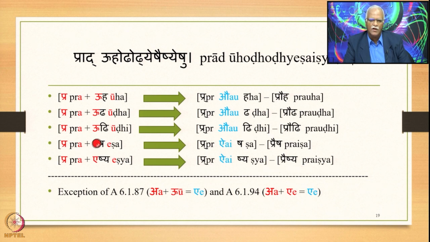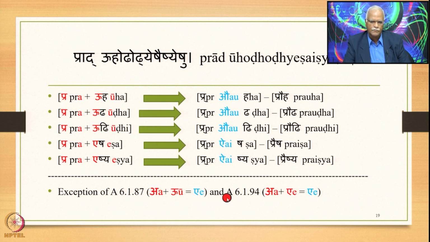If you look at all the cases, you will notice that there are these 3 cases where you have a plus u, and generally 6187 would apply over here and the output generated would be A. But that is not the case in these 3 specific words.